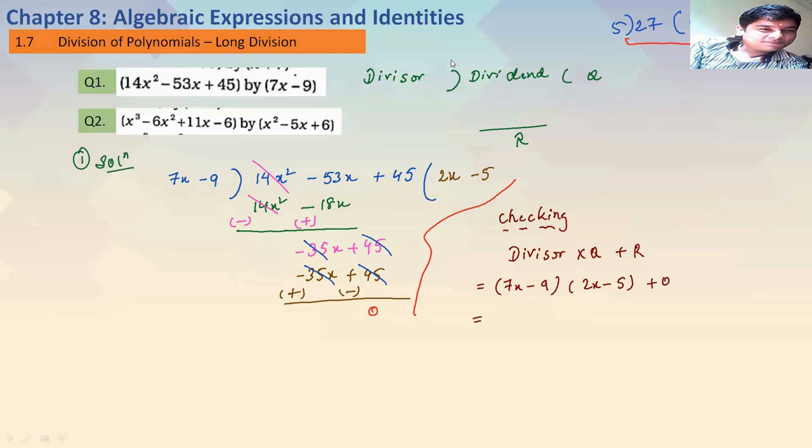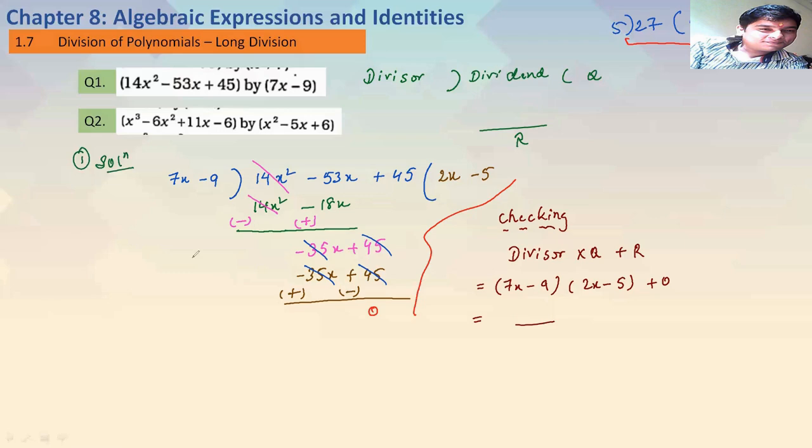It is 14x squared minus 53x plus 45. That's what checking means, right? It's a beautiful thing, long division. So I don't need to do this. I think it's okay, right? Fantastic.